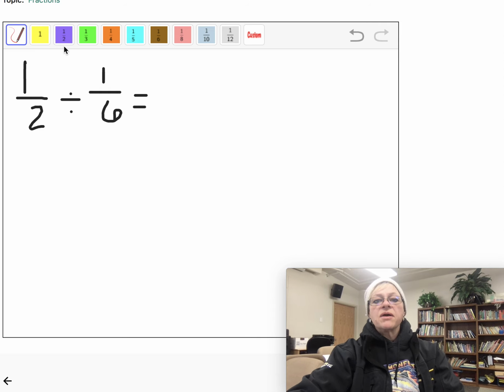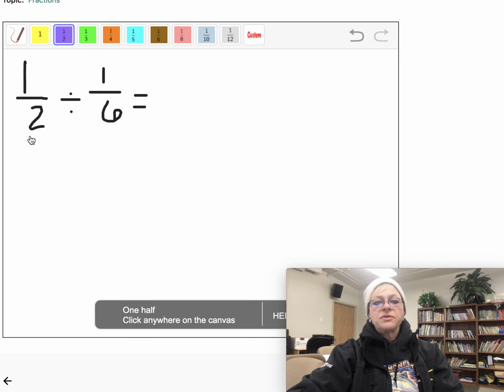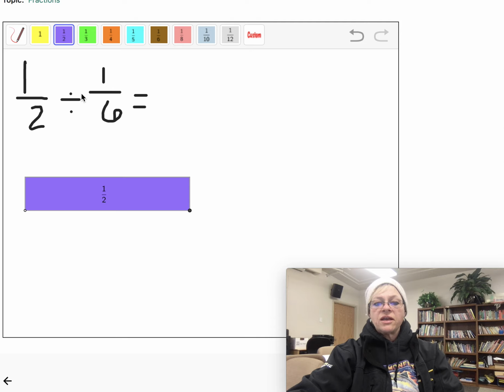Okay, so I'm going to get my 1/2 fraction strip, put it right there, and I need to find out how many 1/6 will fit into this 1/2. If we were to divide this 1/2 piece into 1/6, how many would we end up with? Let's see.